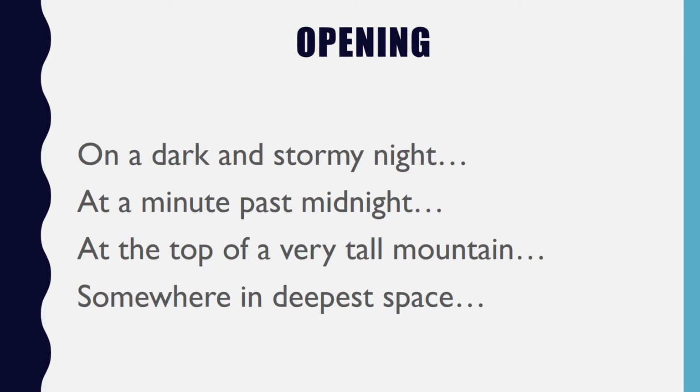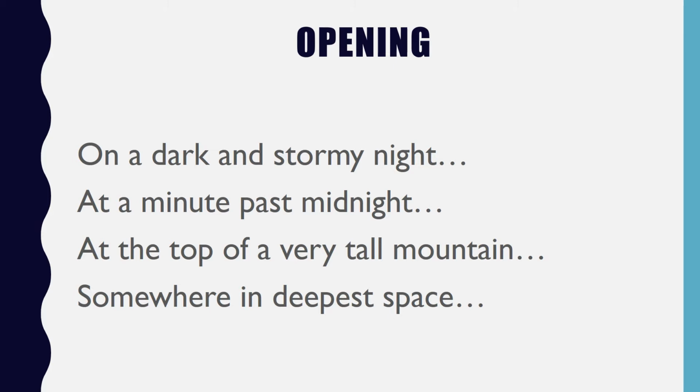But then we start to read a little more widely, and we see that lots of stories start in very different ways. So this activity is going to help us think about, explore and practise different ways of starting sentences.